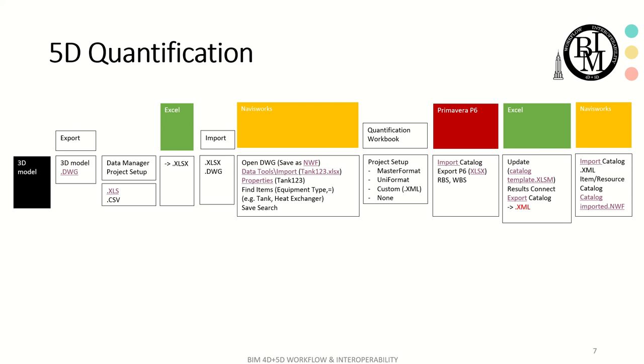You don't have to create from scratch. You can import this information easily using an Excel file, and you will transform it to a different file format and template that Navisworks can accept. So I will show you those steps here.